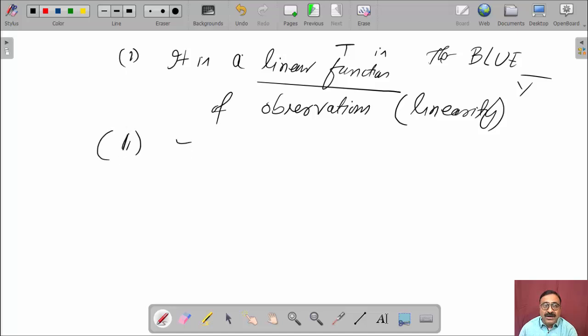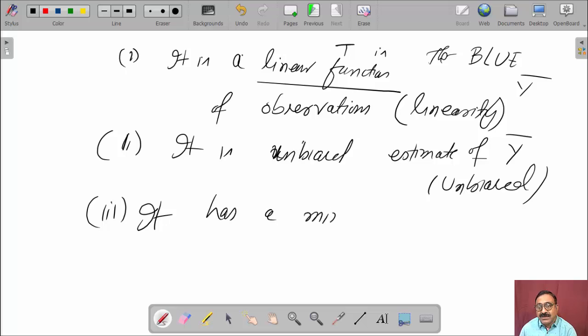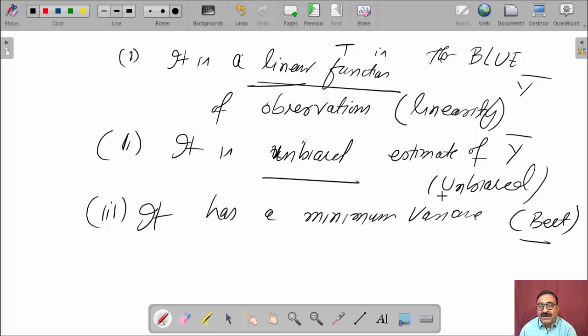Second, it is an unbiased estimate of y bar. This is the unbiased property. Third, we have to show that it has a minimum variance, that is, it is the best. So it is the best linear unbiased estimator.